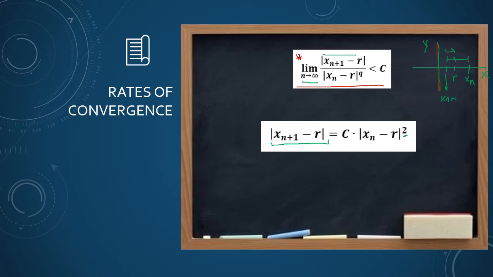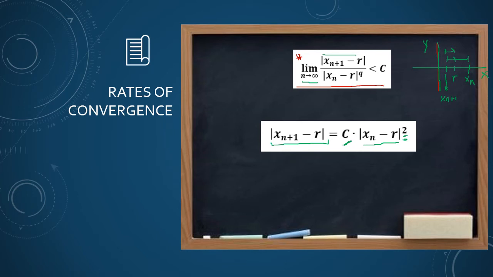Our x of n plus 1 error is proportional, you know, c is some number, is proportional to our x of n minus r error squared.